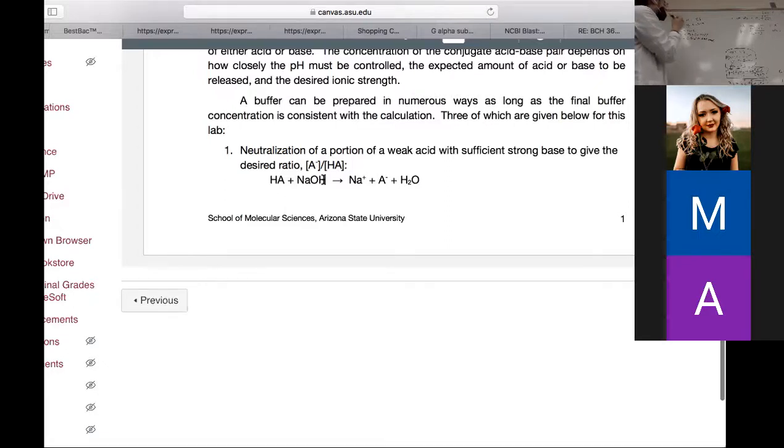So why do we need this? Because I'm not giving you the stock solution for the strong base or weak acid or weak base. I will provide you the powder. That's why you need to calculate n.